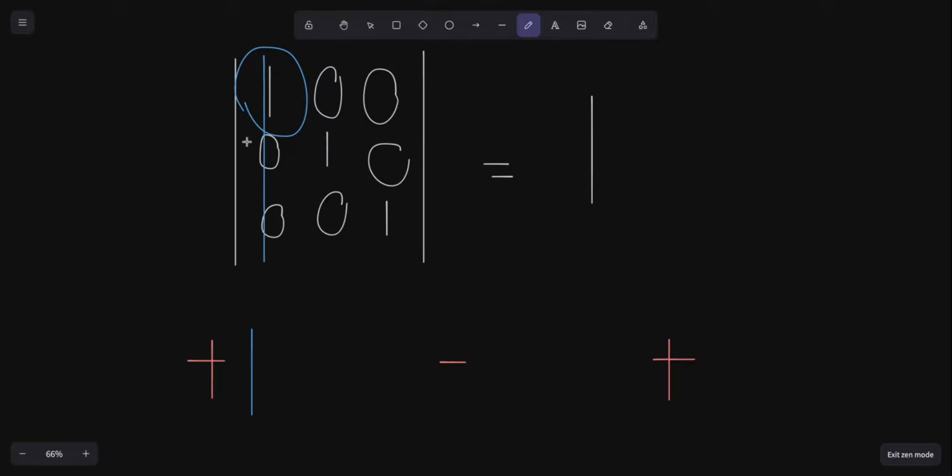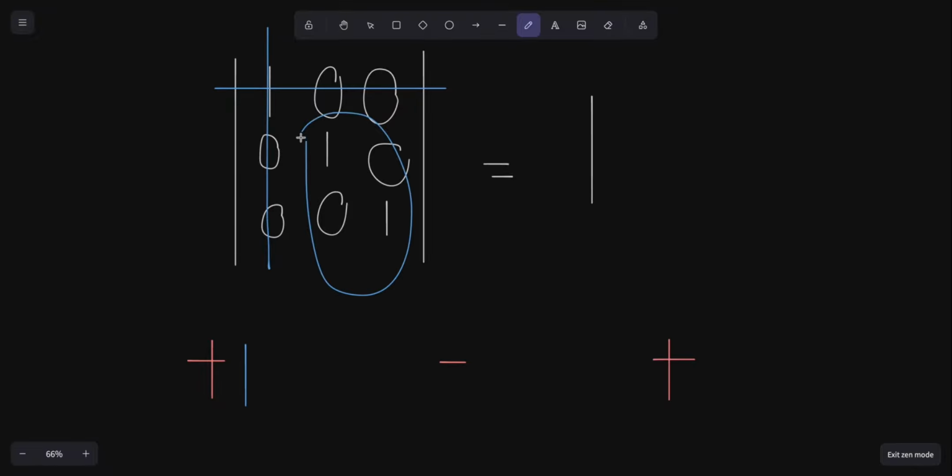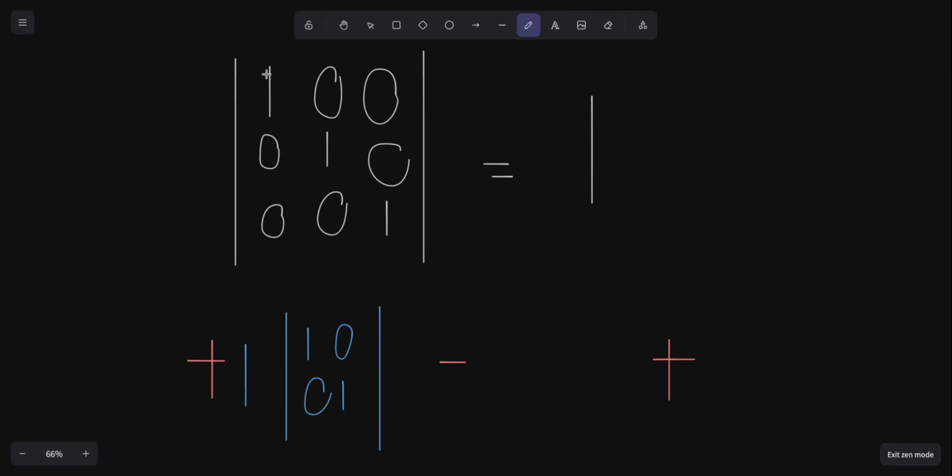And notice how if I cover up the row it's in and the column it's in, I just get a smaller 2 by 2 matrix. And so this is just going to be 1 times the determinant of this smaller matrix. And so next up, this is going to be minus, and I'm just going to do the same trick. Instead of doing this for 1, I'm going to move to 0. And 0 is in the first row and the second column. So this is just going to be 0 times the determinant of what's left behind.